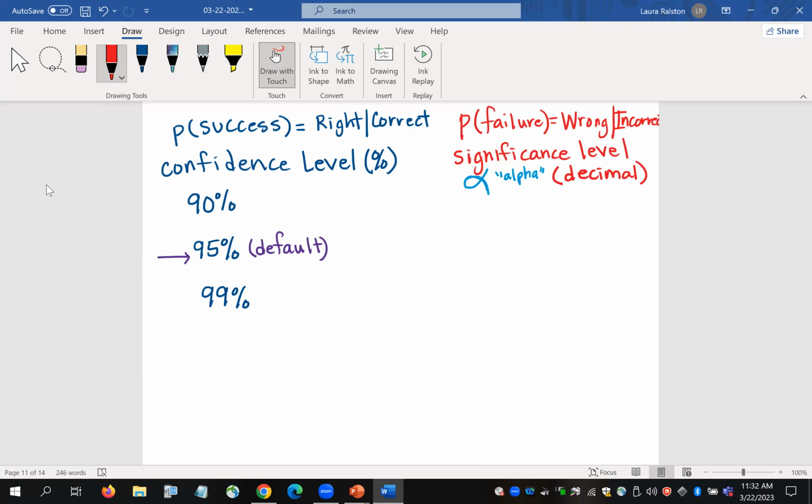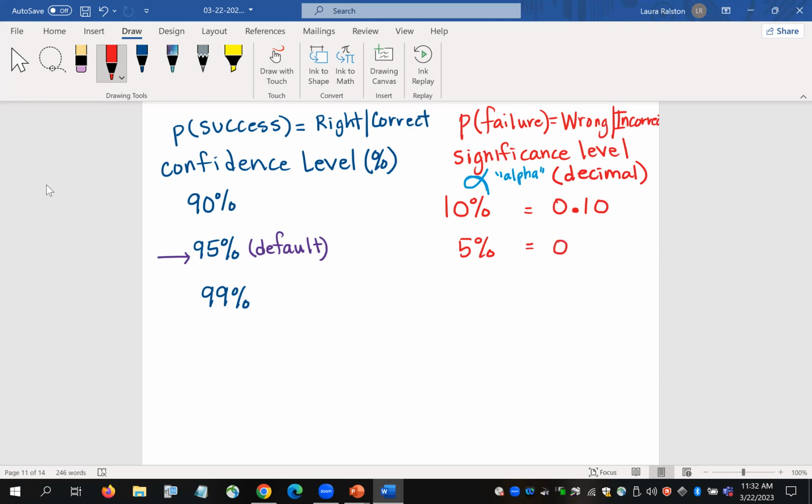So if my confidence level is 90%, that means that my significance level would be 10%, because 90 plus 10 is 100%. Now, as a decimal, that is 0.10. If my confidence level is 95%, my significance level is 5% because 95 plus 5 is 100.